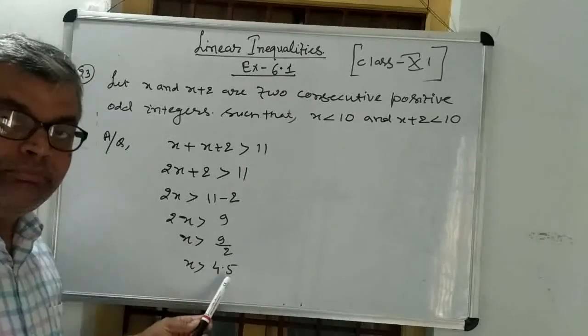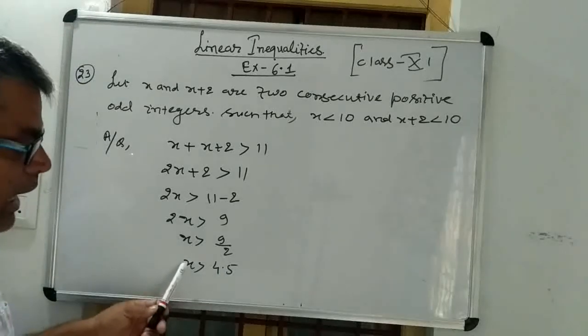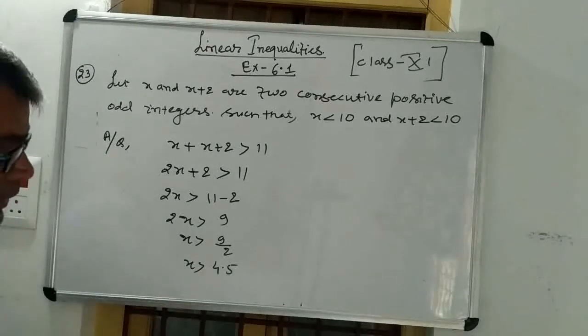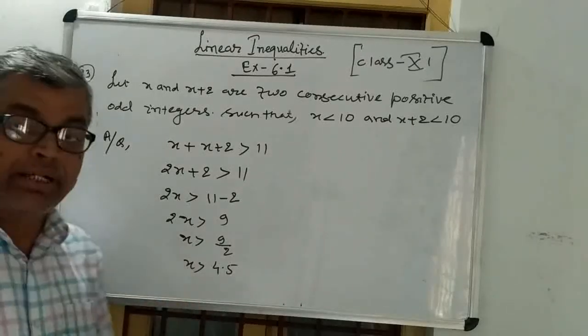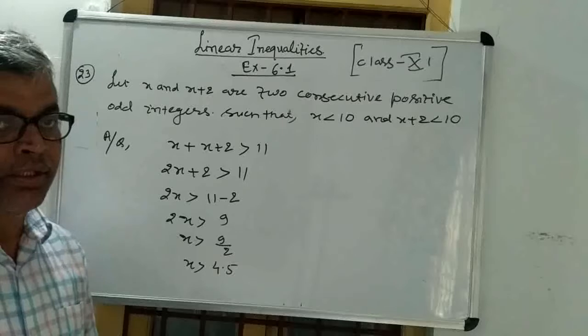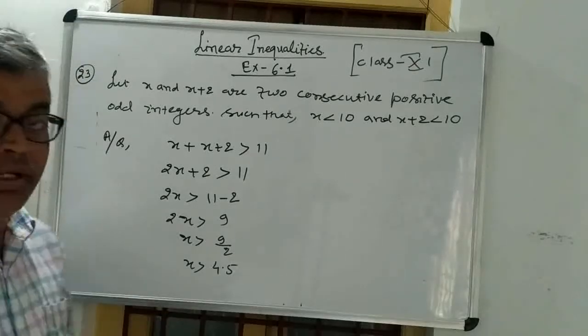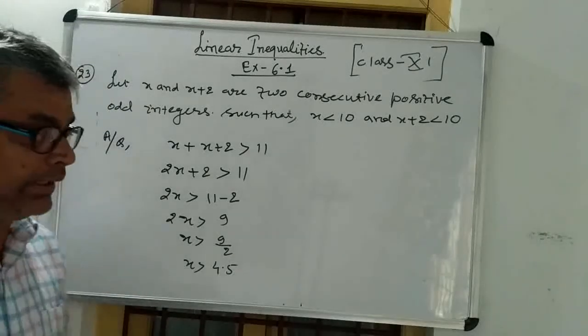As you know, 4.5 is not an integer, a positive integer, and the value of x becomes more than 4.5. It means we have to take the value of x from 5, and you have to take only odd integers.